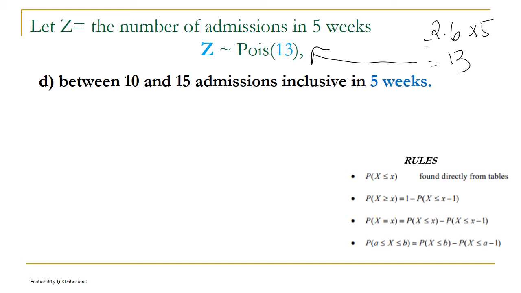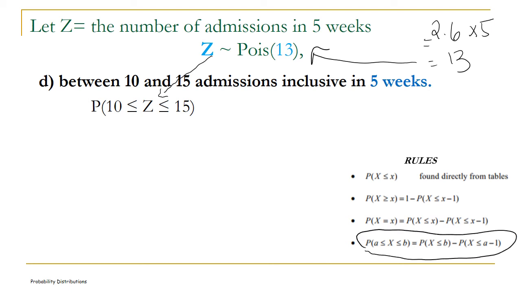Then I will write down the mathematical notation for this question. It's this one. I have to make sure that I use the z variable and not x or y. Then I will see which rule I should be applying. I will be applying this last rule over here, which tells me to write down the bigger number like this as a separate probability and write one number smaller than the smaller one. So I've done that.